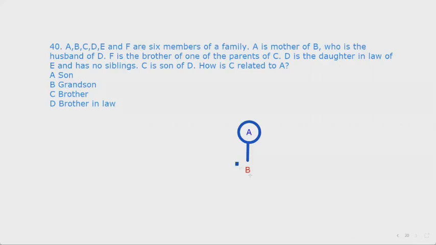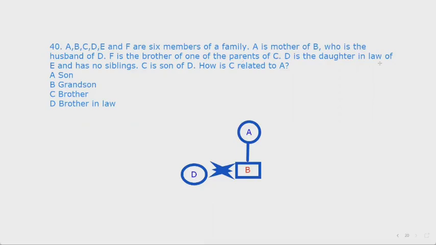So B is husband of D. So D must be wife. I'll note the relationship with this. F is brother of one of the parent of C. So we don't know where F and C came, so we can ignore it for now.